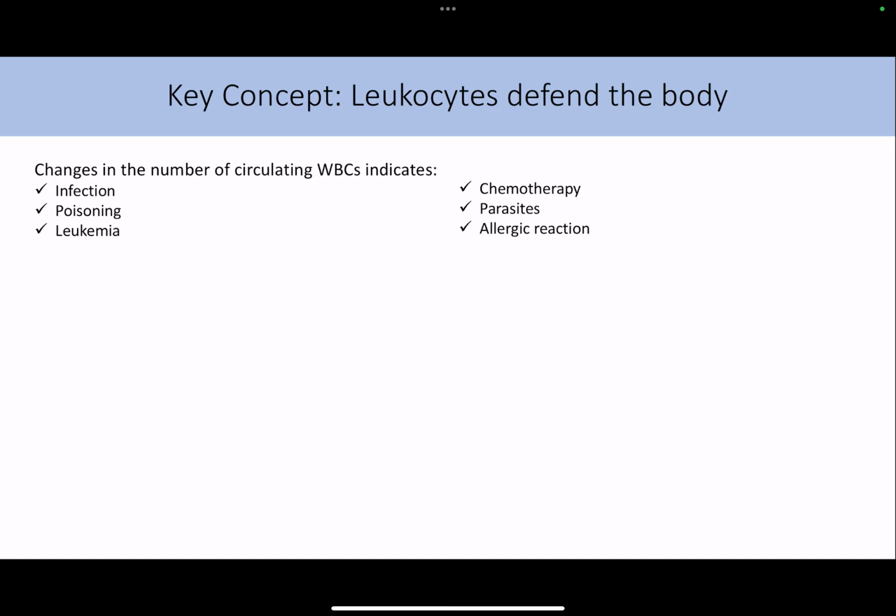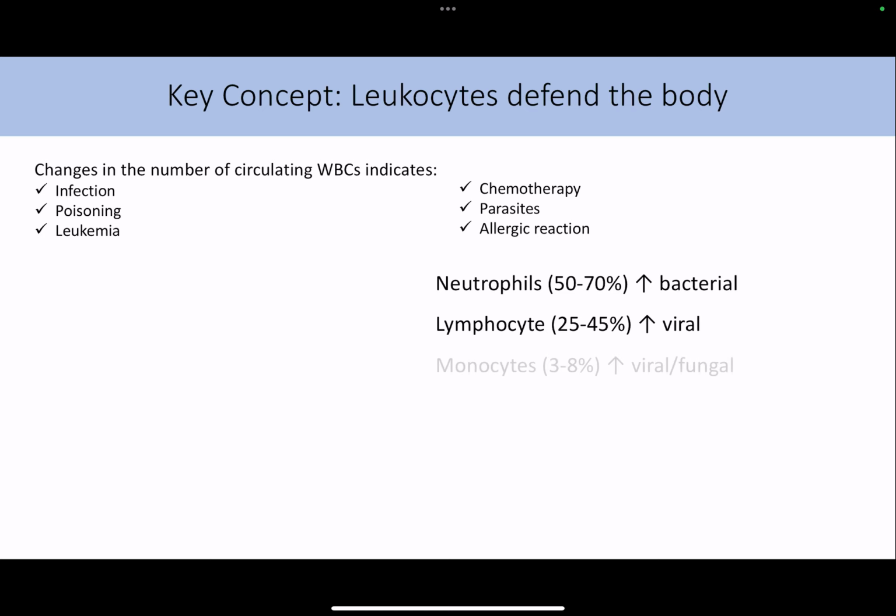And then I gave you the mnemonic device in lab about the abundance of white blood cells. Neutrophils are going to be the most abundant at 50 to 70%. I won't test you on the exact percentages, but you should know which is the most abundant to which is the least abundant. These are going to increase when you have a bacterial infection. Lymphocytes are the next most abundant. They're going to increase when you have a viral infection.